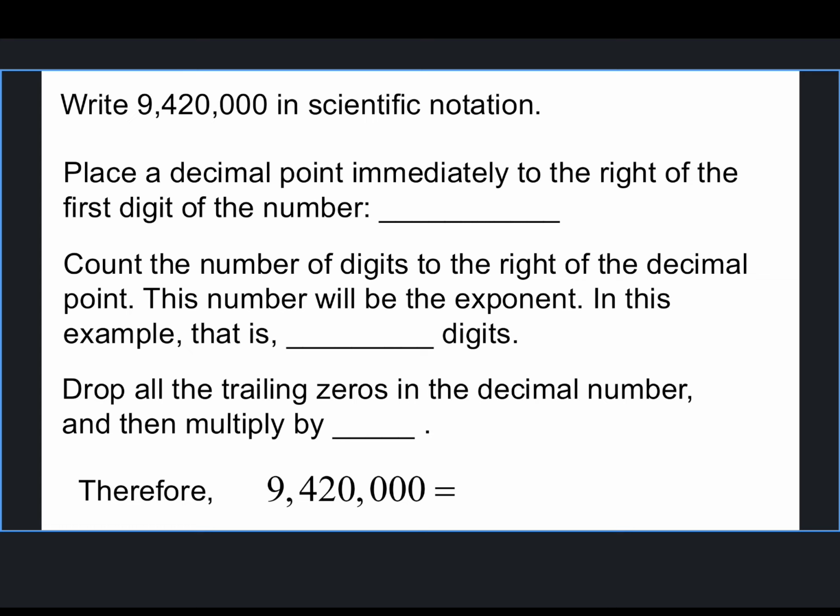There you go. Okay, so the way we want to do scientific notation is we want to place a decimal point immediately to the right of the first digit. So 9.420000. Same number of digits, but remember, we want the first digit to be the one we care about, right?